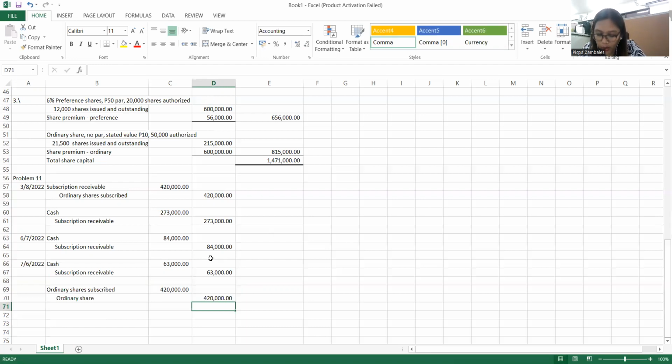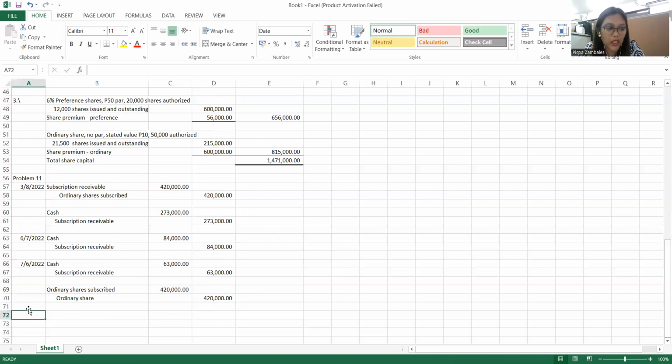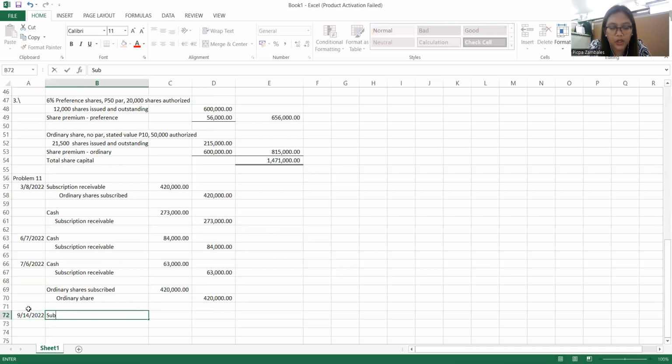On September 4, received subscriptions of 4,300 ordinary shares at 32 pesos and collected 60%. Okay, bagong subscription na naman ito. So, on 14th of September, we receive a subscription. Subscription receivable.